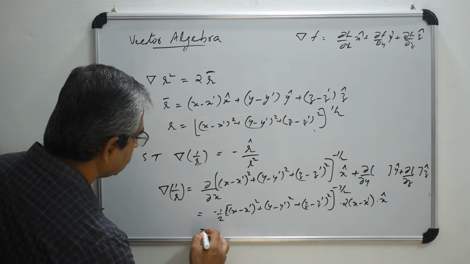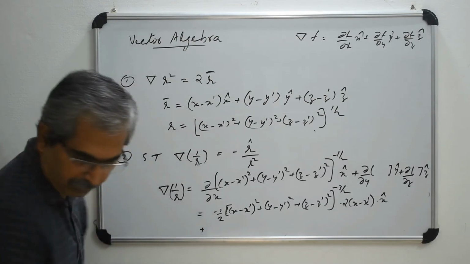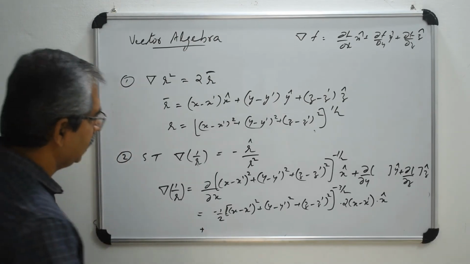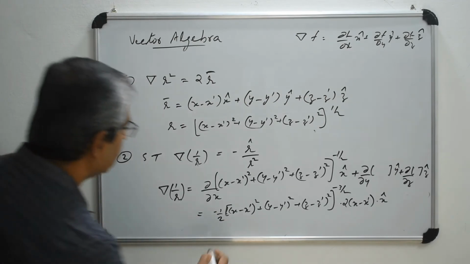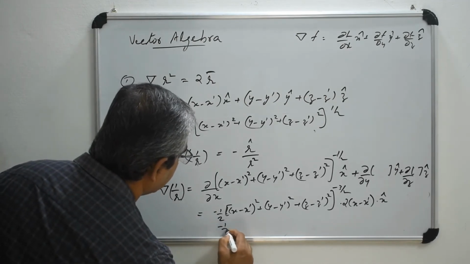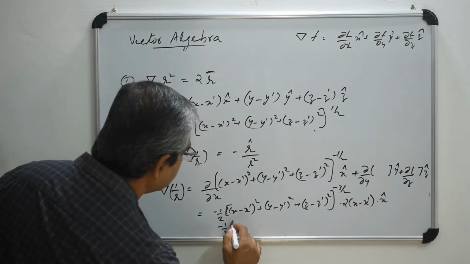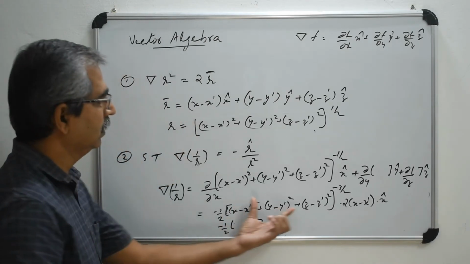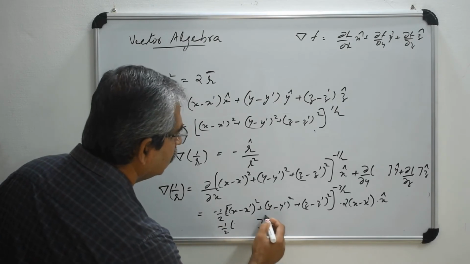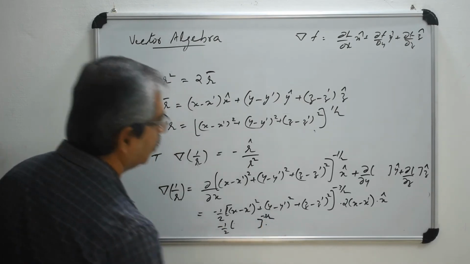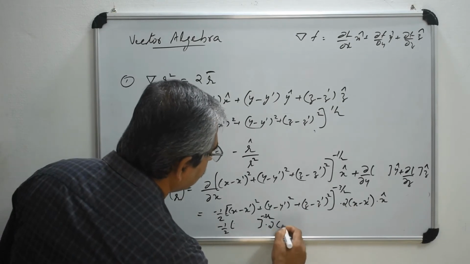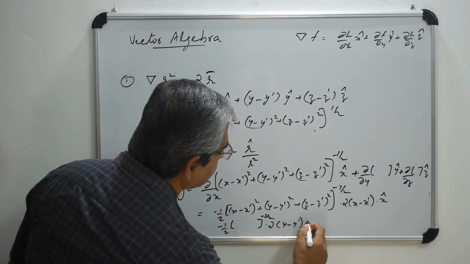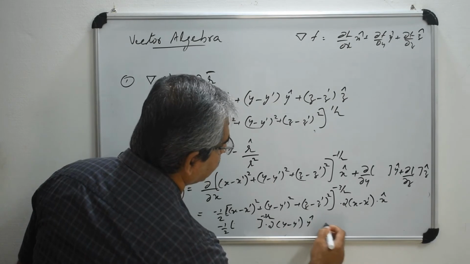Then plus the second term will be the same thing. What about the second term? Again you have minus half into the term that is inside, then raised to minus 3 by 2 into 2 y minus y dash into y cap.